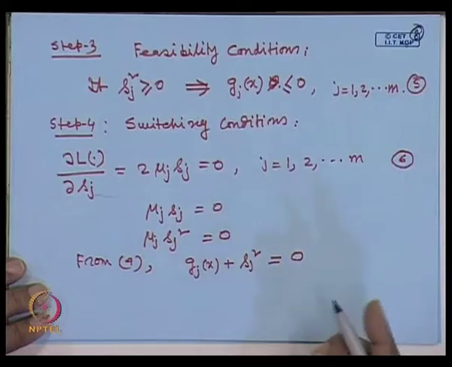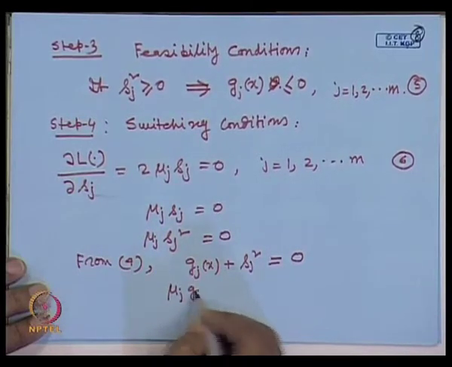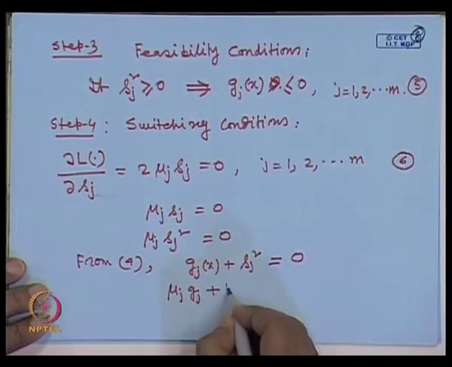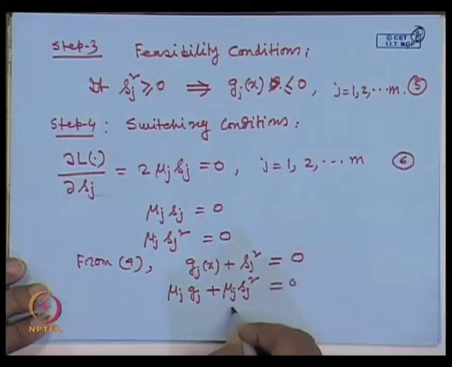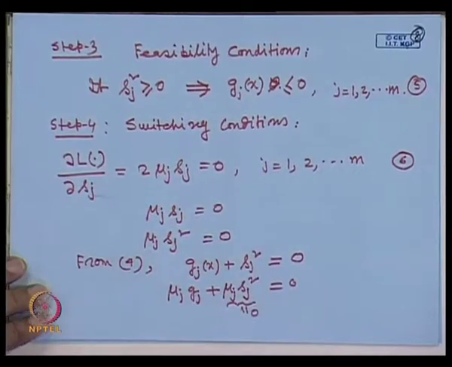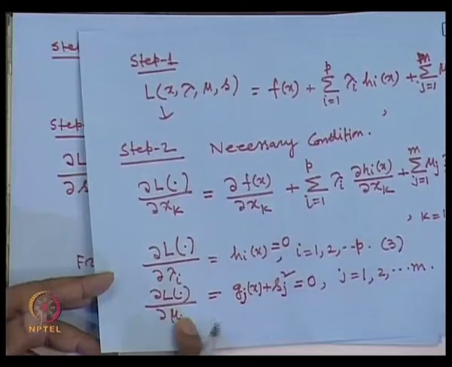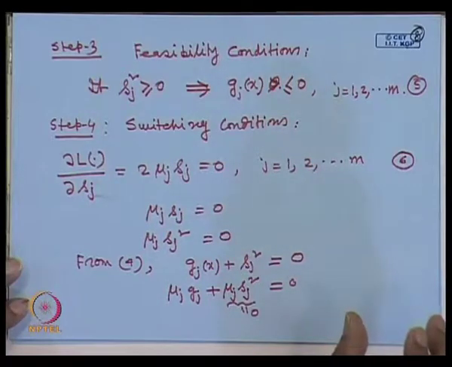Multiplied on both sides by the scalar quantity mu j, we get mu j g j plus mu j s j square is equal to 0, and this quantity is 0, you see from here. So, we have merged these two equations, that is 4 and 6, which in turn converts the inequality constraint g j into an equality constraint g j plus s square.